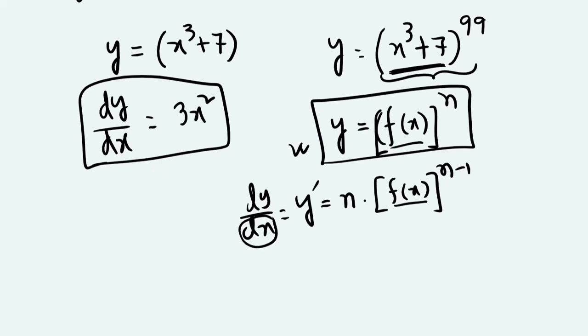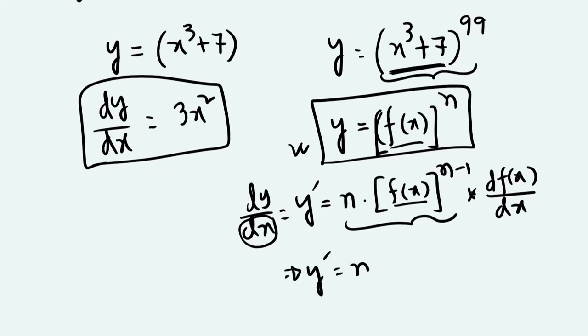And that is the reason I need to take the derivative of this function f(x) with respect to x and multiply it with this term. So in shorthand, I can write y prime equals n f(x) to the power n minus 1 multiplied by f prime(x).